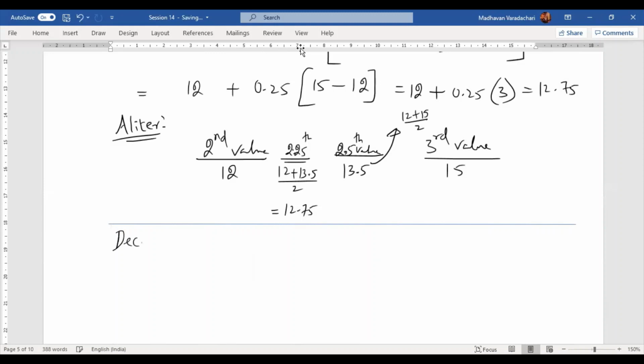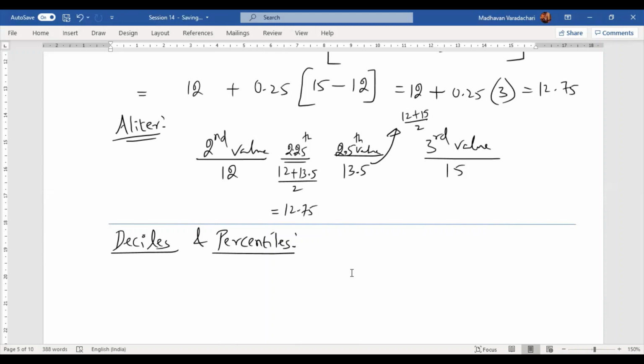Deciles and percentiles. Like in quartiles, we used to divide the observations as 25%, 50%, or I can say in quarters: first quarter, then second quarter, then third quarter, like that.